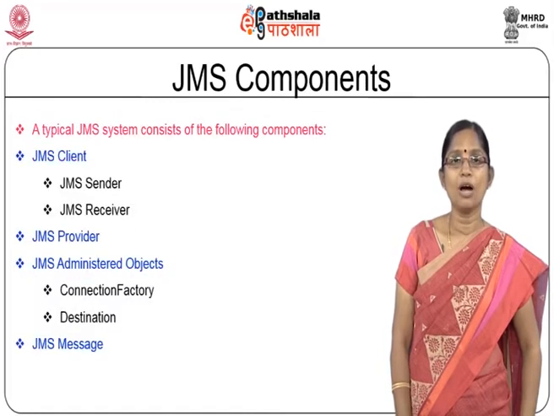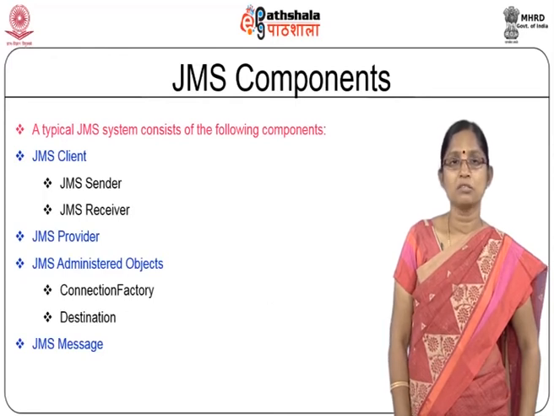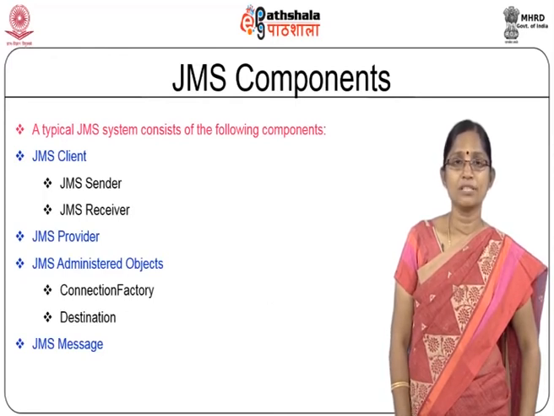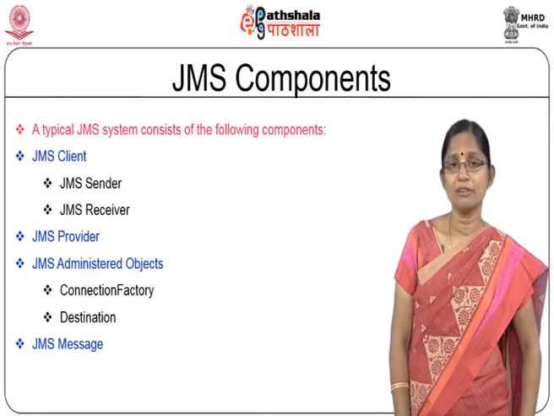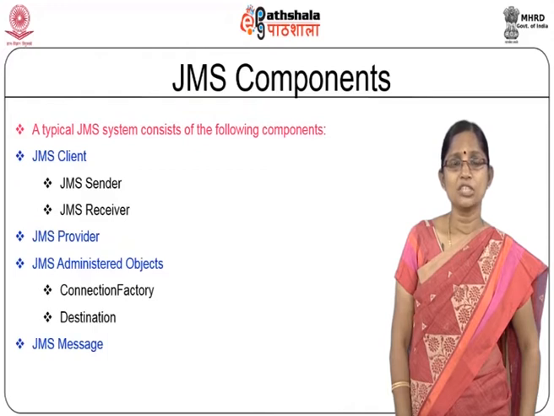Now, you can look through all of the components of which a JMS application consists. I told you already that every JMS application should consist of a JMS client. A JMS client can be of two types: either a message sender or a message receiver. Apart from that, there will be JMS providers.